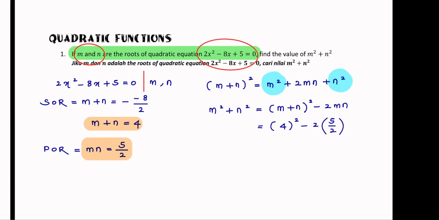Nampak? So cancel yang ni. So kamu akan dapat 16 minus 5 berapa? 11, right? Dapat jawapan. Settle. Habis. Cepat.